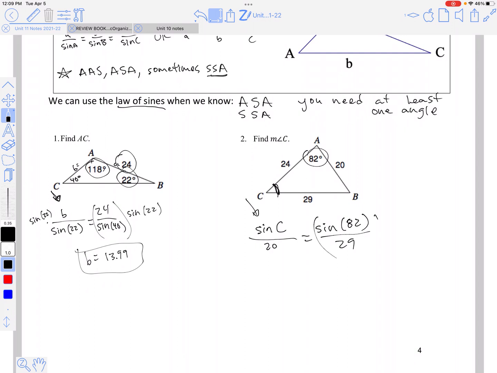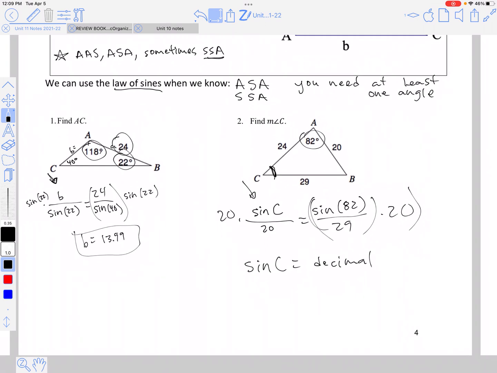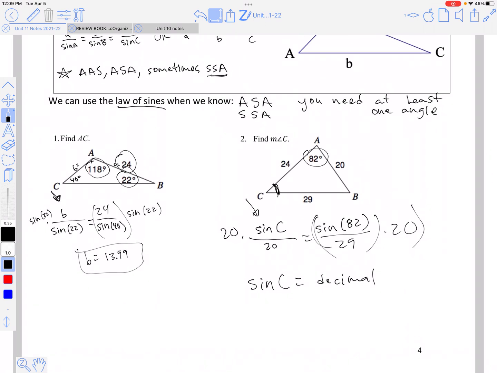Again, I'm going to put this in my calculator, and then multiply by 20. Unfortunately, that's not going to give me the full answer. So sine of C equals this decimal that I have. I'm just going to write decimal, because I don't want to put that in my calculator right now. Now, I still don't know angle C, so we've got to undo sine, and the way to undo sine is to use its inverse.